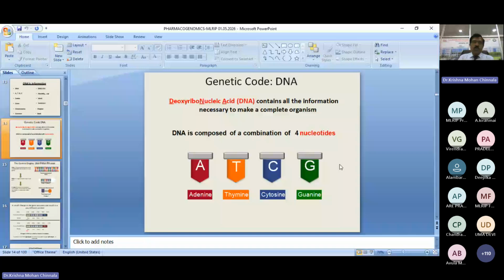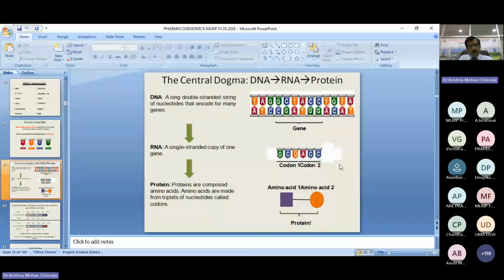So the central dogma: RNA is from DNA, and proteins are from RNA. A long double-stranded string of nucleotides that encodes many genes is DNA, and a single-stranded copy of one gene is RNA. Then proteins are composed of amino acids. Amino acids are made from triplets of nucleotides called codons, your ATGC.